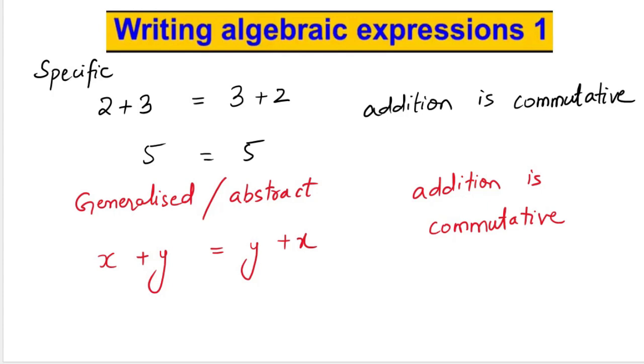So from this statement we can say that suppose x is 2 and y is 3, they must be equal to y is 3 and x is 2, this way.